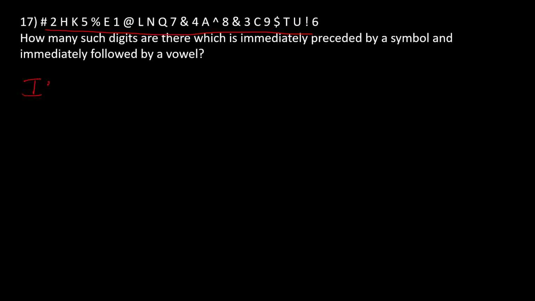First condition, how to solve it? See what is given. If the symbols are immediately preceded by an odd digit and immediately followed by a consonant, then the symbols are placed immediately right of N in the same order from left to right.